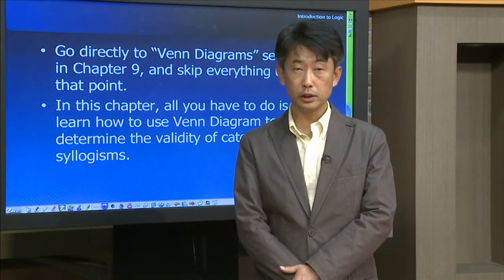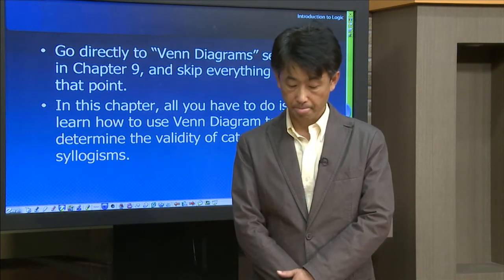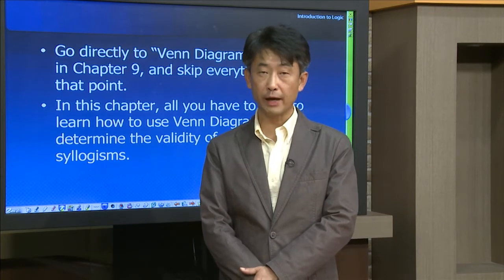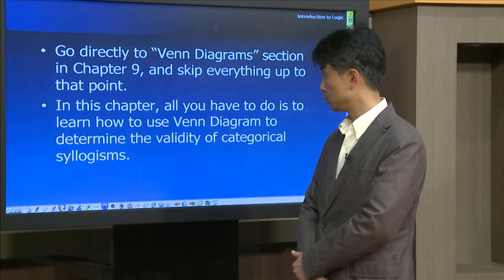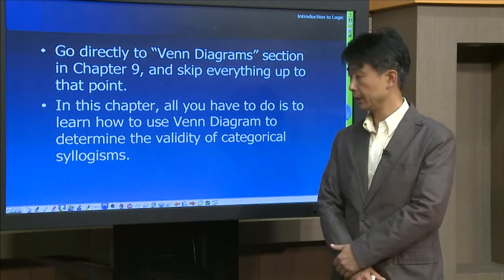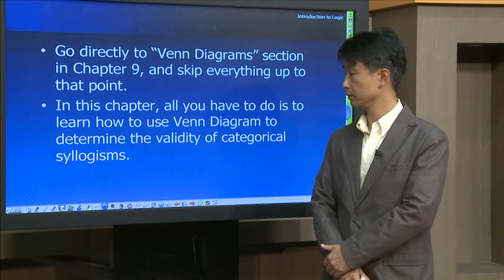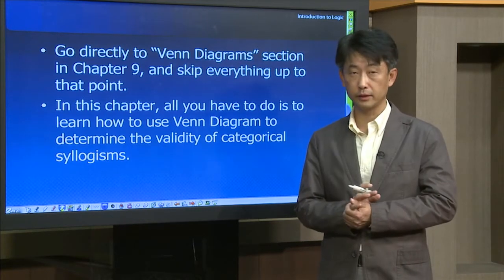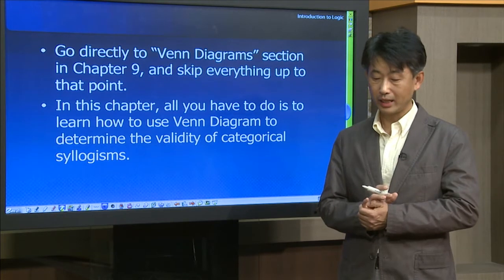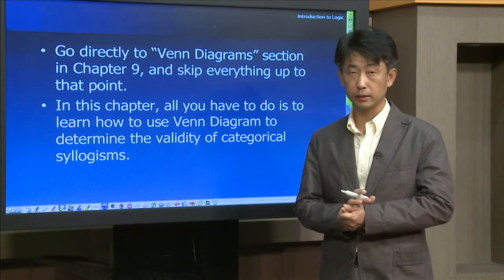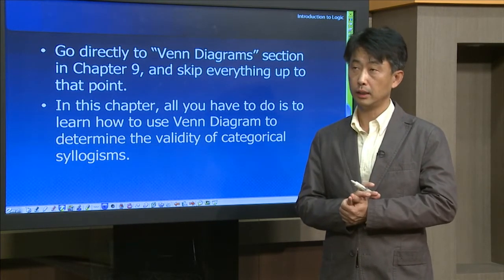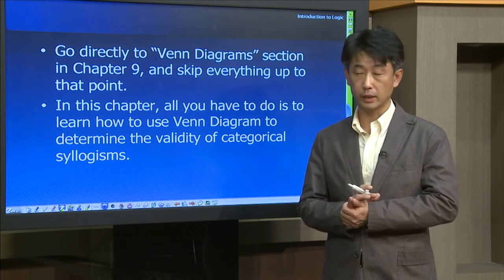All you have to do in this chapter is to learn how to use Venn diagrams to determine the validity of categorical syllogisms. This is the main thing in this chapter. And it's not really complicated. You only have to follow a few steps, and I will explain that.